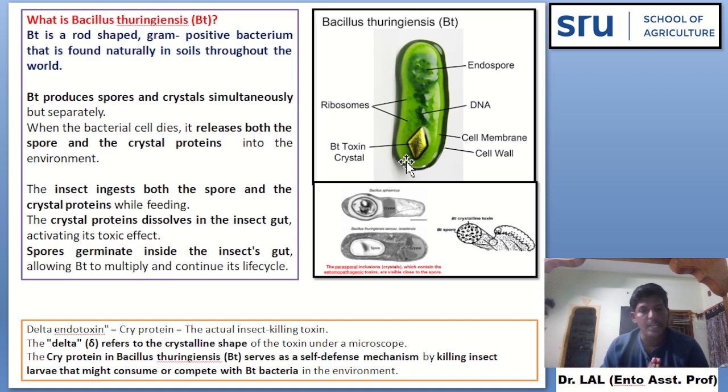These crystal proteins are the actual insect killing toxins which dissolve in the insect gut, activating their toxic effect. The spores germinate inside the insect gut, allowing Bt to multiply and continue its life cycle.